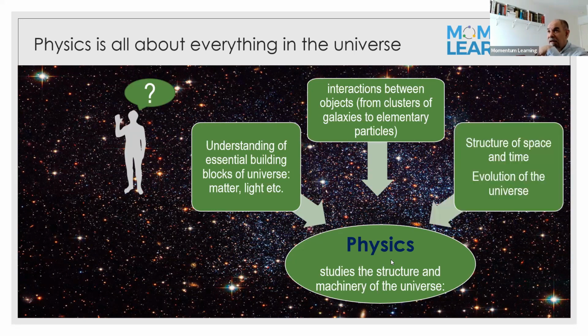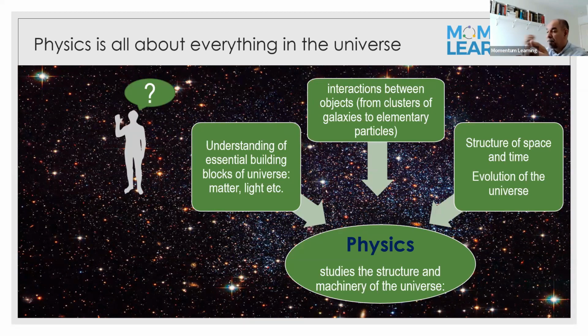And then one other side of physical sciences is the structure of space and time. Everything happens in space and time. So are these just a uniform, flat background for physical events, or do they also contribute to the physics? Space and time itself, do they contribute to physics?